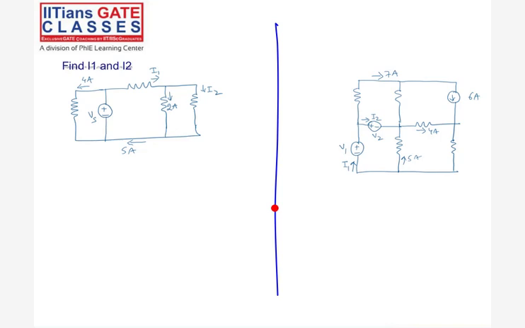And remember, every current that leaves the source should come back to the source. I want to find the value of I1 and I2 here.